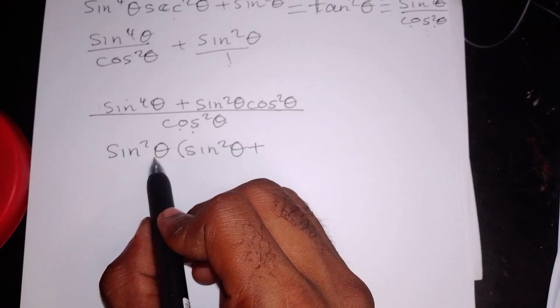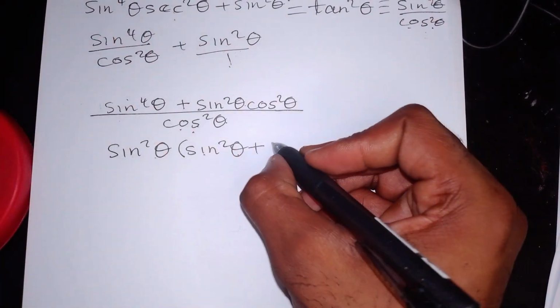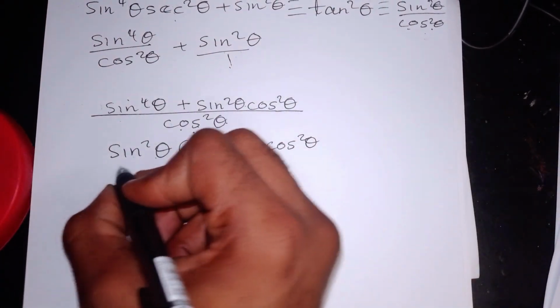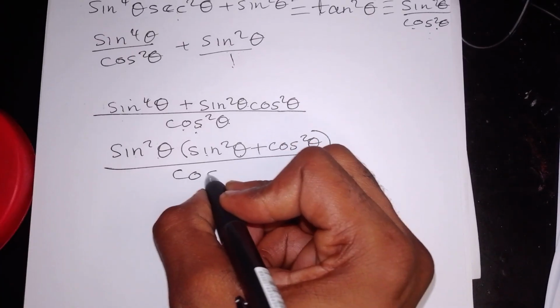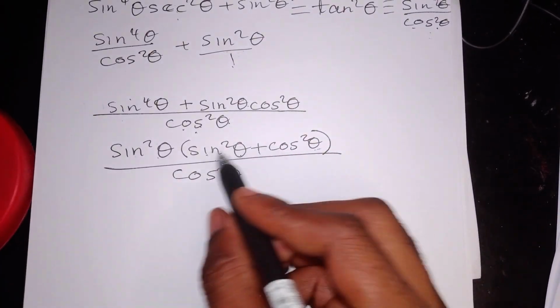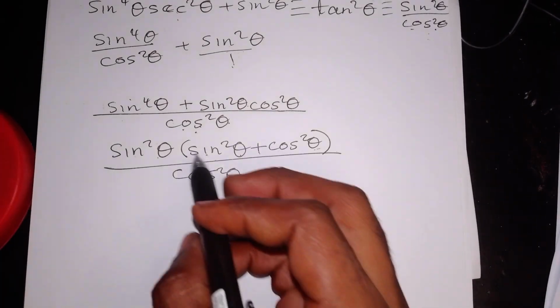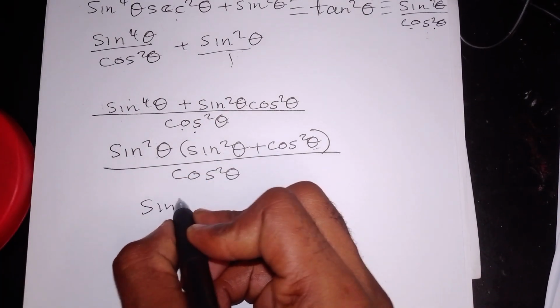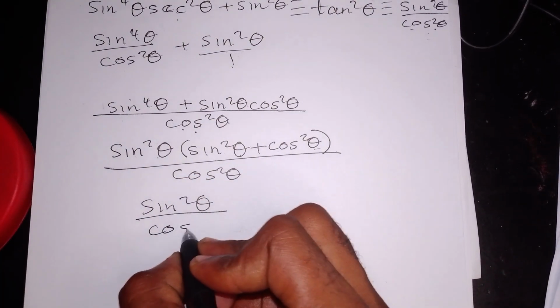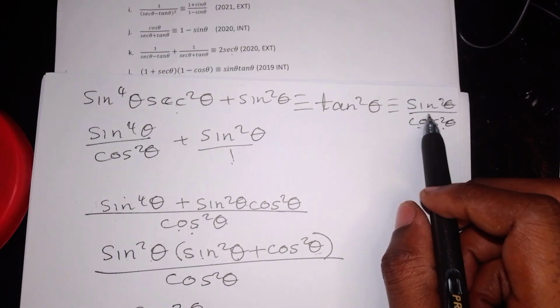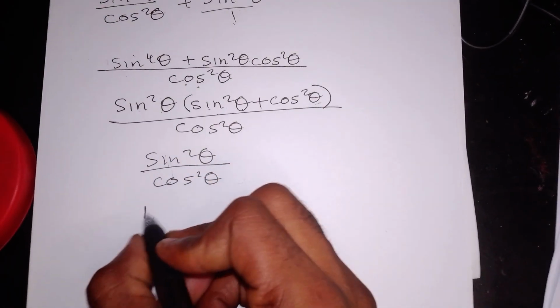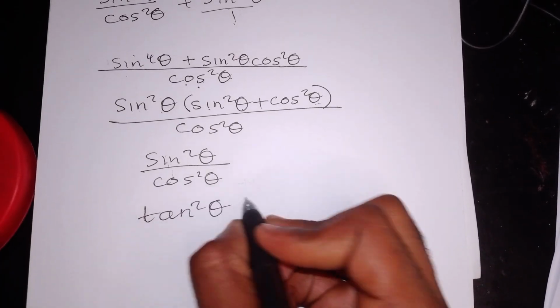When you factor this one out, you have this. From there, you have cos squared theta, which from the first identity, we all know that this is a 1. So you have sine squared theta over cos squared theta. And this is exactly what you are looking for, except that they want you to say tan squared theta, and you're done.